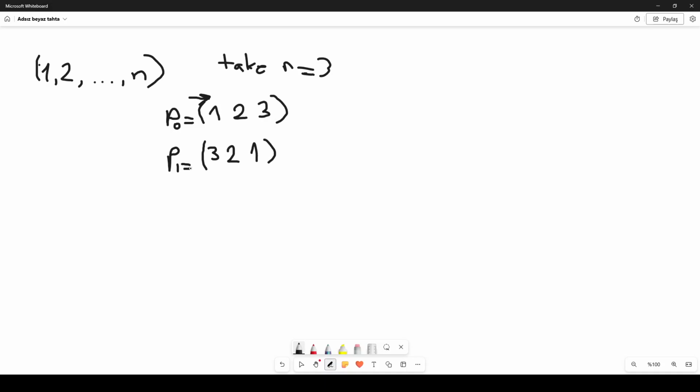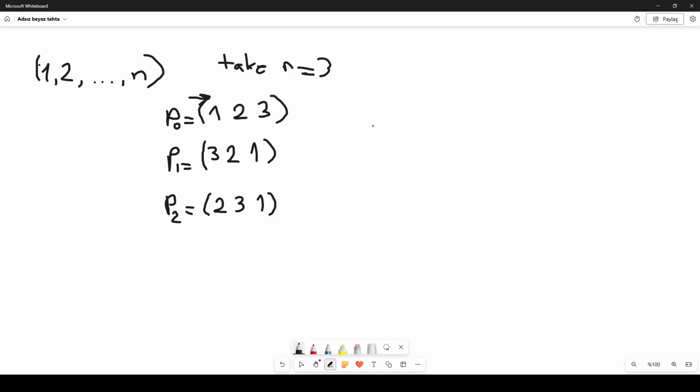How about writing another one? A permutation is nothing but a rearrangement of these 3 elements, when of course n is equal to 3. So this is also a permutation. I can switch the positions of these 3 elements in any order, and that means I have another permutation.